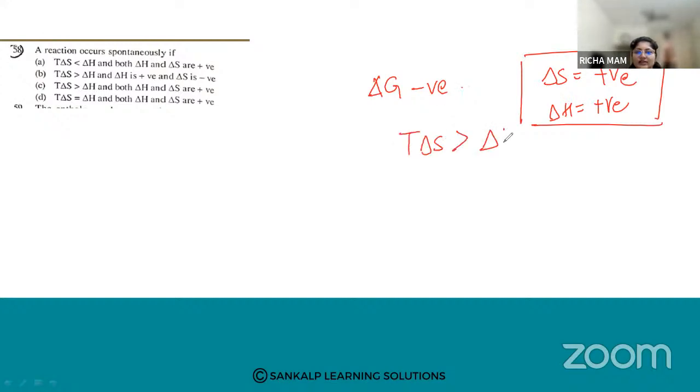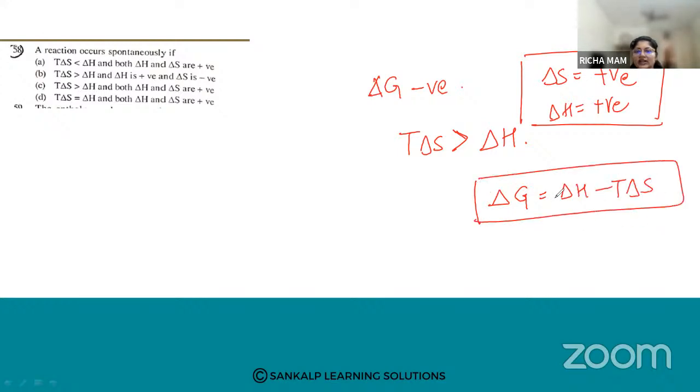If delta S is positive and delta H is positive, then your delta G will be negative. That is, T delta S should be greater than the change in enthalpy, because we know that change in Gibbs energy is equal to delta H minus T delta S.